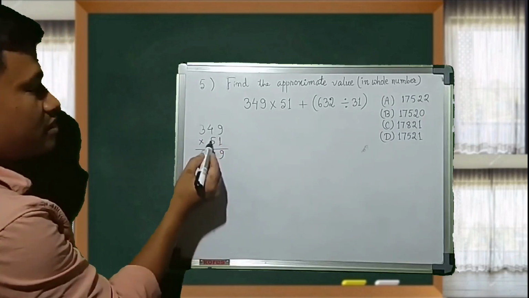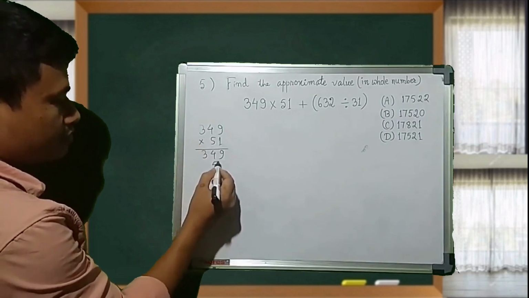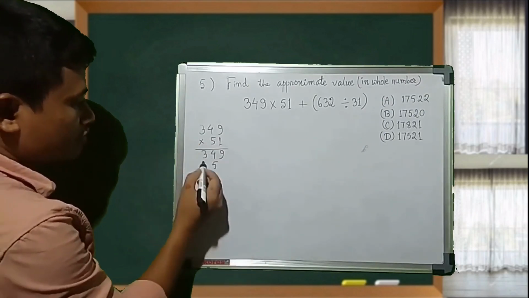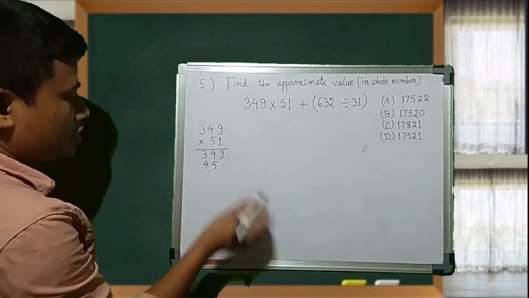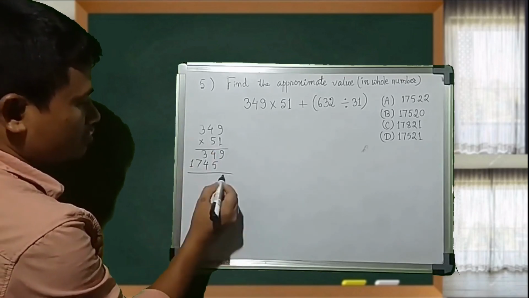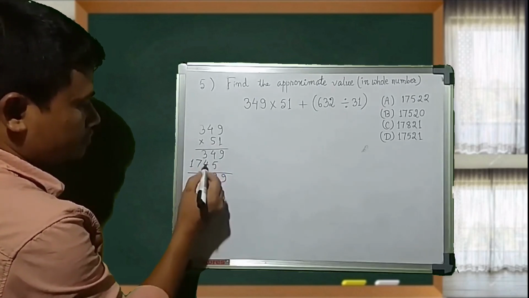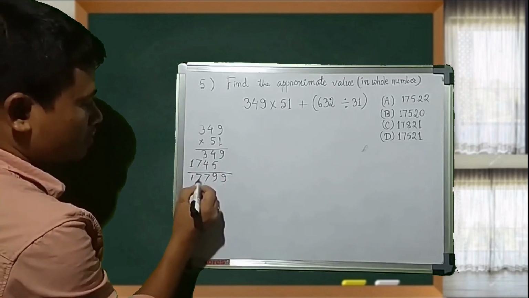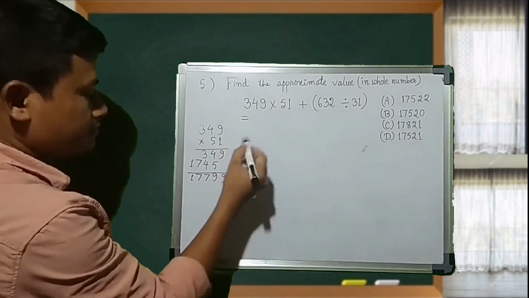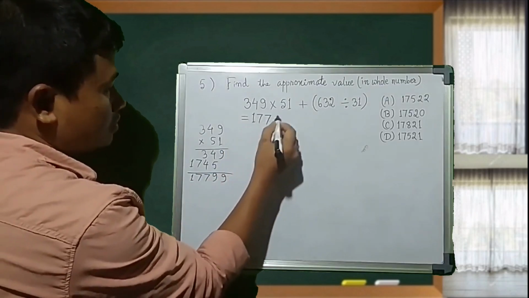Now we will multiply each and every digit by 5. 5 9s are 45, 4 remains. 5 4s are 20, 20 plus 4 is 24, and 2 remains. 5 3s are 15, 15 plus 2 is 17. So what did we get? We got 17799.